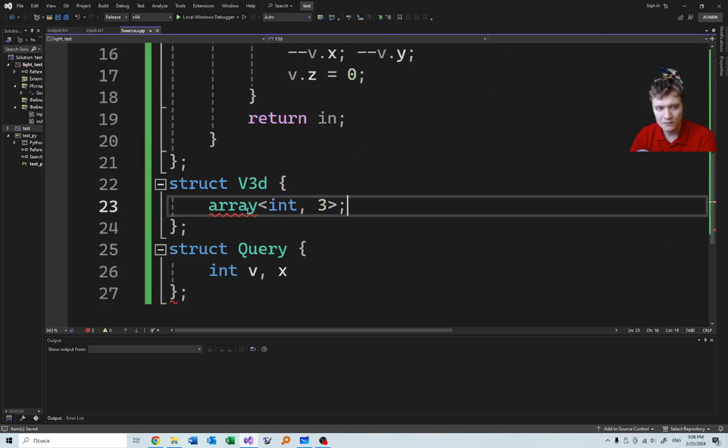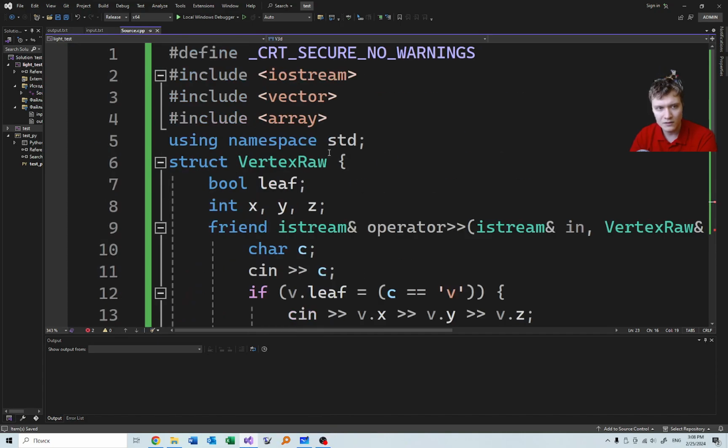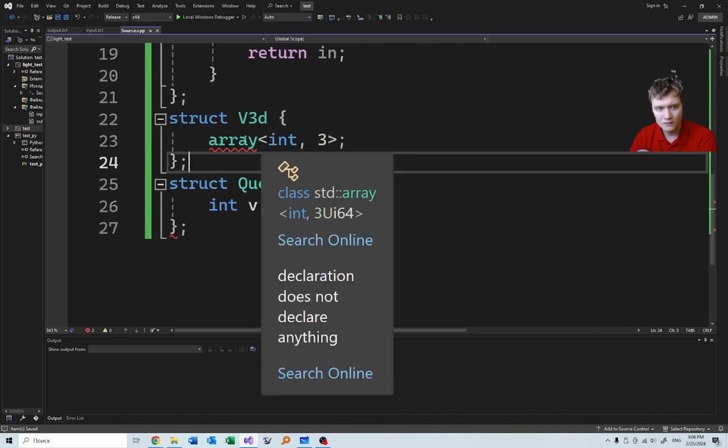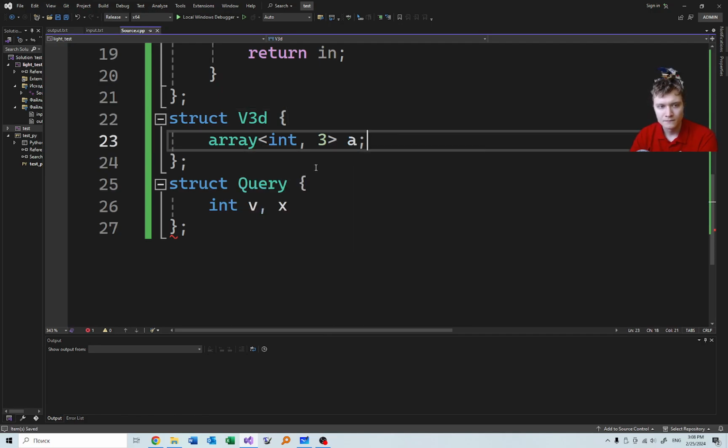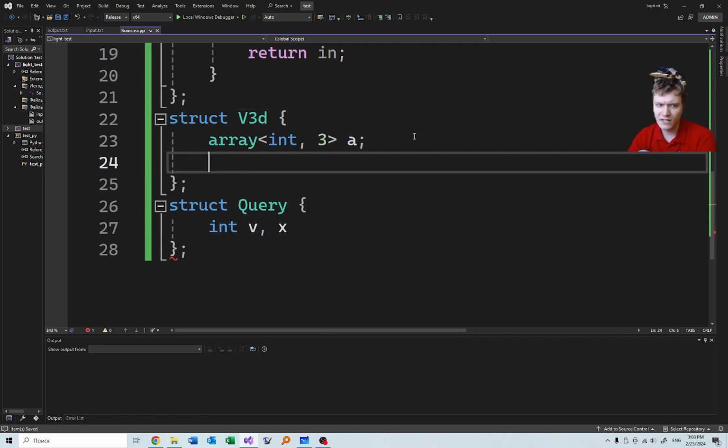Yes. What's wrong still? You need... Yeah. And I guess we can implement operator brackets.